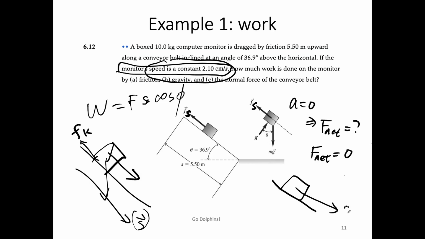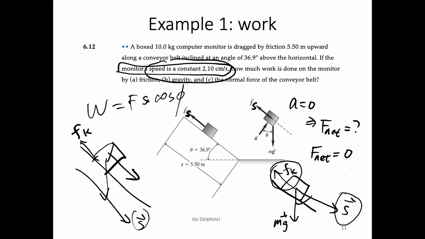If your S is pointing this way, your weight is pointing this way, and this angle is smaller than 90 degrees. So in this case, your object goes down, and weight is doing positive work. And your kinetic friction would be in the opposite direction of the displacement.